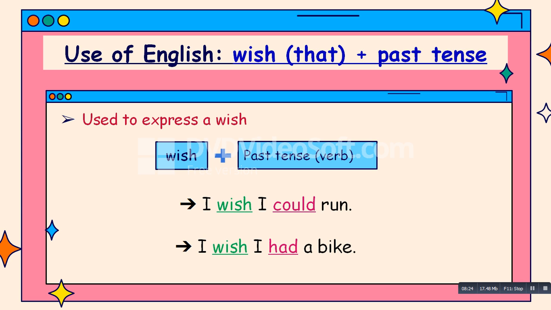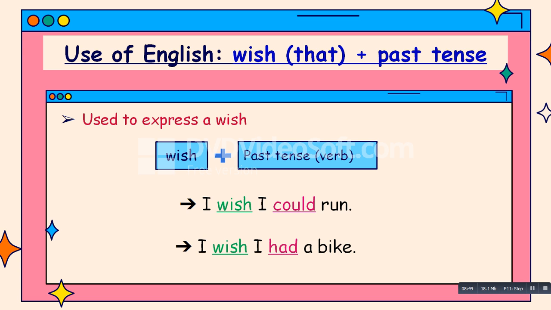So kids, let's go to the example given here. It says the word wish and then the past tense verb. The first example: I wish I could run. The word wish is given and the verb could is also given. I wish I had a bike.